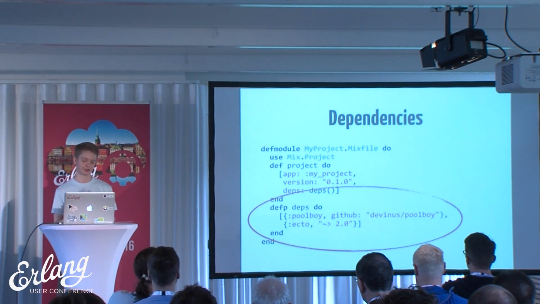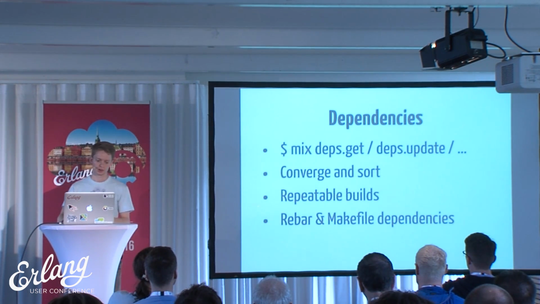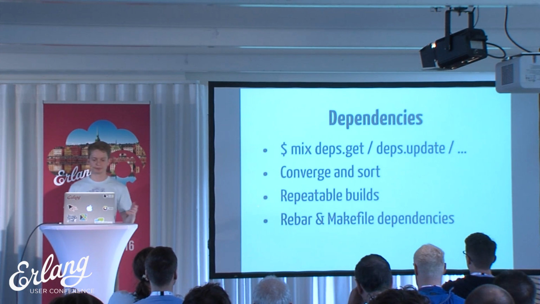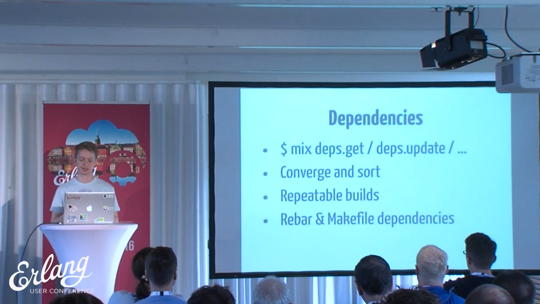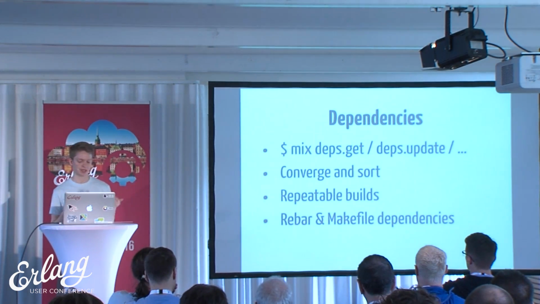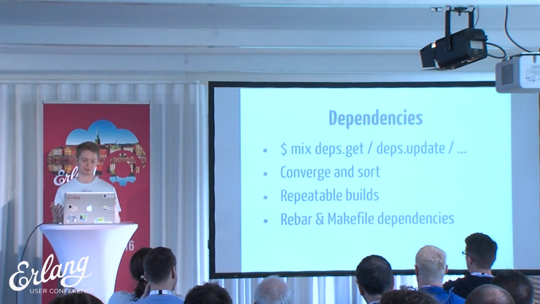And if you have Hex installed, it will be used to fetch the dependency. So we have a bunch of tasks for getting, updating, and printing your dependencies, as you can see here. Deps get, deps update. We have tasks for listing your dependencies and so on.